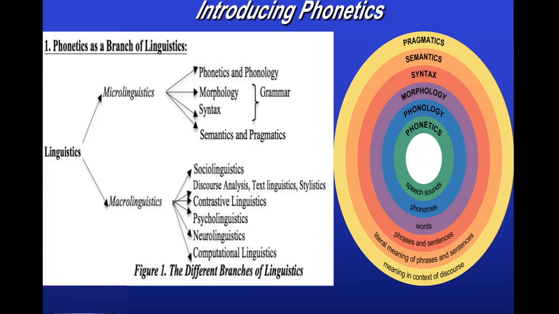Language would appear as a set of subsystems referred to as levels of language, such as phonology, that deals with sounds, morphology and syntax, that focuses on words and sentences, semantics, which deals with meaning, and pragmatics, which deals with language use.